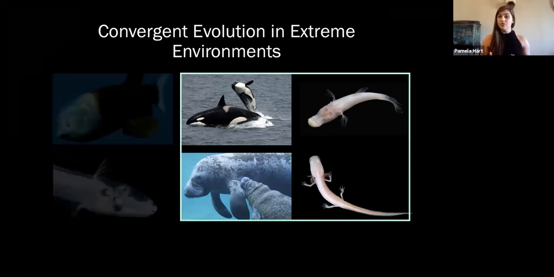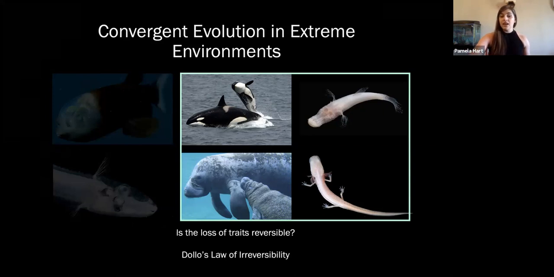Now, these last two are examples of convergent evolution with the loss of a complex trait. And this is actually a lasting topic in evolutionary biology, whether or not the loss of that complex trait is reversible or not. In 1893, Dollo said no, once that trait is gone, it cannot then be regained.